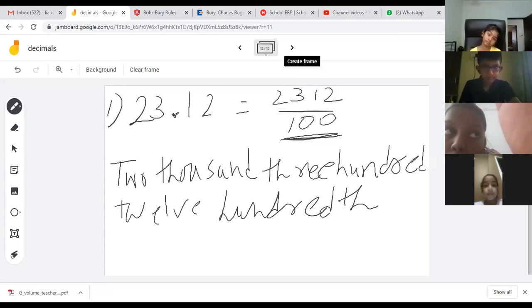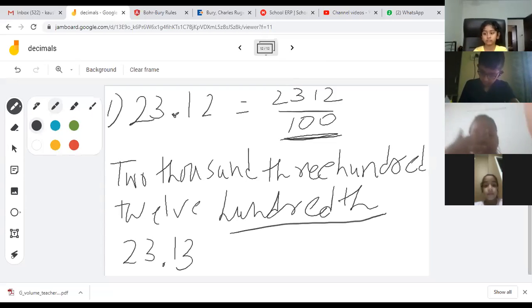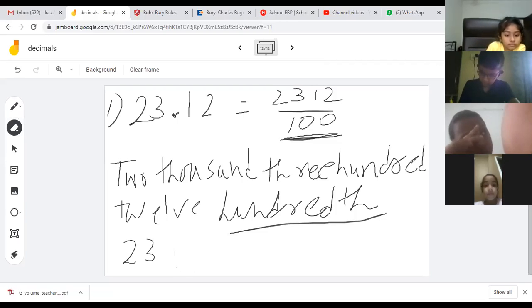This is the way we write it if it was a fraction. But when we write it as a decimal number, we will say 23 and 12 hundredth.